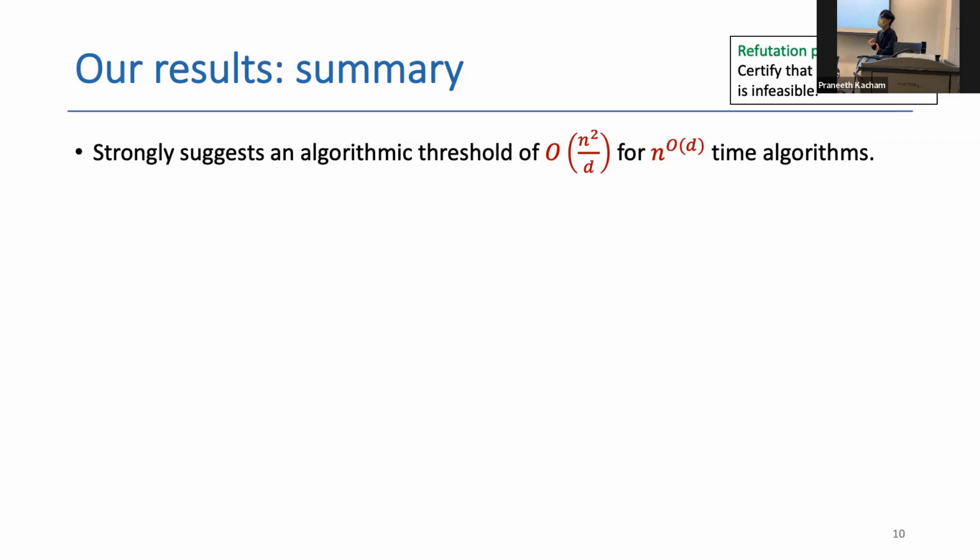I think it's about higher degree SOS relaxation. You can focus on capital D as 2. And the exponent here really is the runtime of the ellipsoid algorithm on the SDP.